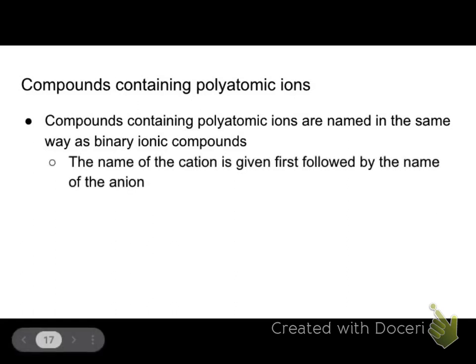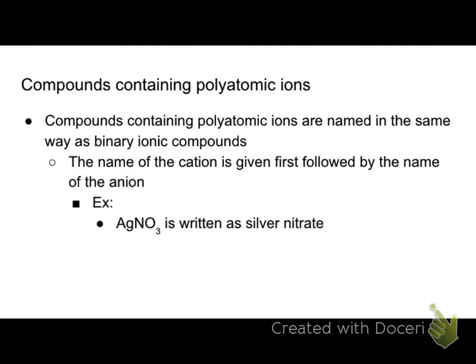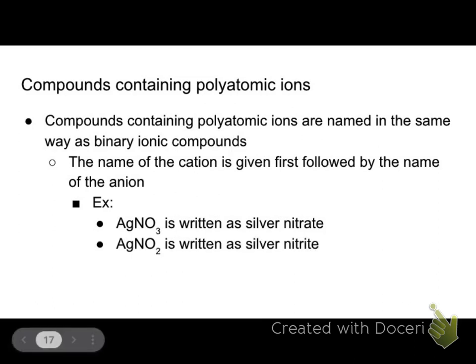The name of the cation is given first, followed by the name of the anion. So for example, this has silver and then a nitrate ion, so it's silver nitrate. And then silver nitrite is written when you have the nitrite ion instead. Let's give this some practice.